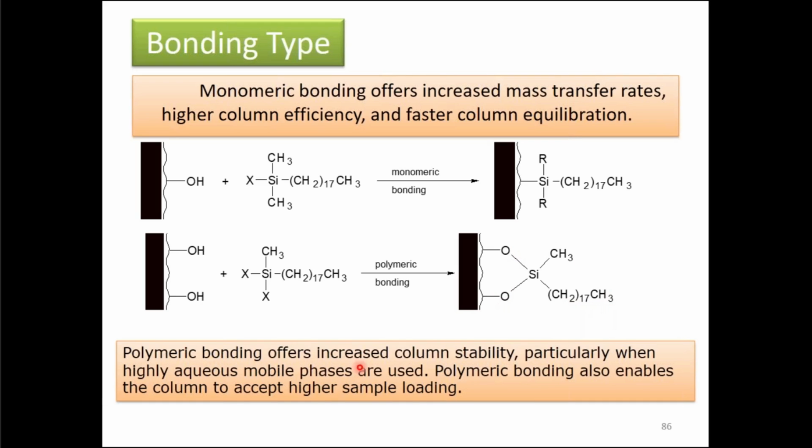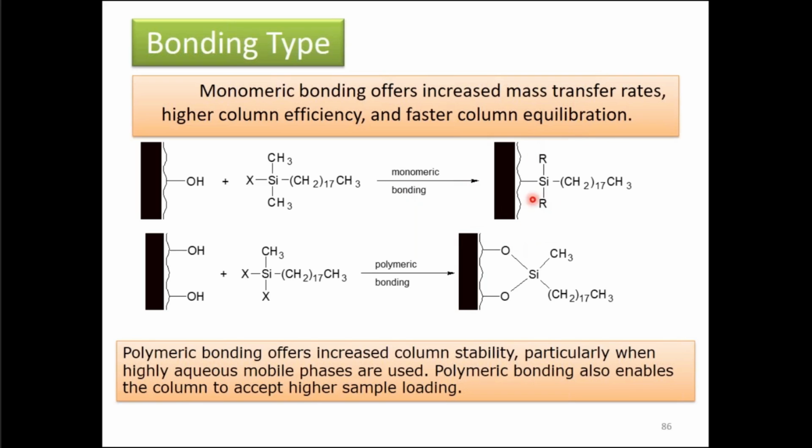Polymeric bonding, therefore, offers increased column stability, particularly when highly aqueous mobile phases are used. Polymeric bonding also enables the column to accept higher sample loading because more of the sample can be attached within a given area because there are more bonding sites. In monomeric bonding, there is only one bonding site available to bond with your sample.